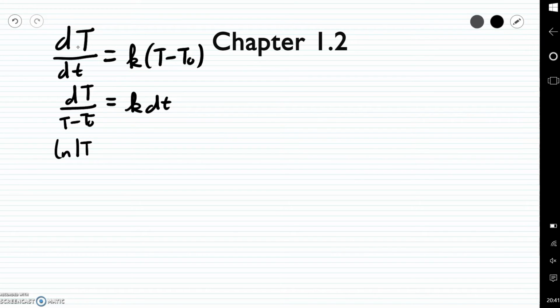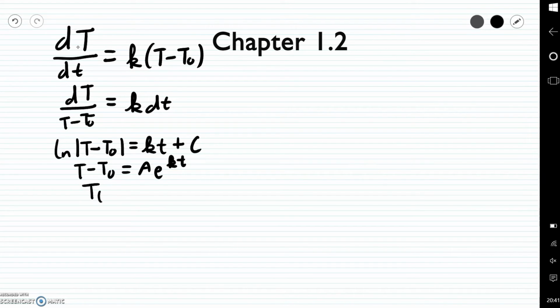We then proceed to integrating both sides to get ln(T minus T0) equals Kt plus C. T minus T0 will then equal A e to the power of Kt. T(t) will be T0 plus A e to the power of Kt. This is Newton's general law of cooling and heating.